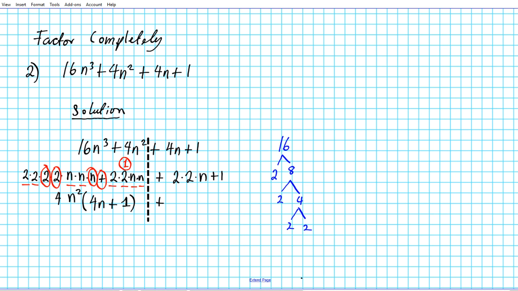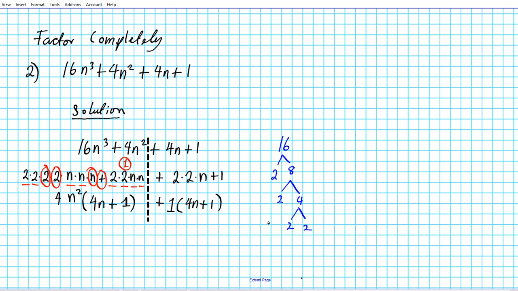So which number is a factor of every number? That number is 1. So do not forget, anytime you cannot factor out anything, you just pull out a 1. And then we're just going to multiply these back together. 2 times 2 times n is 4n plus, and then bring down the plus, and then the 1.